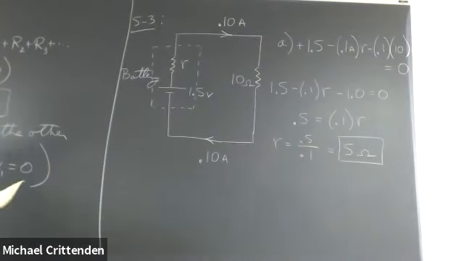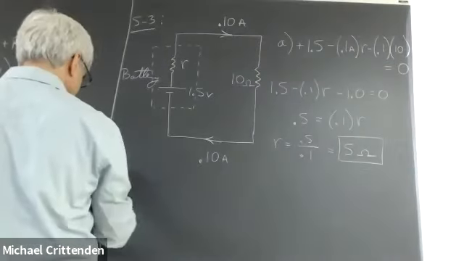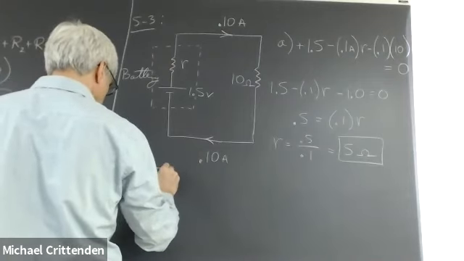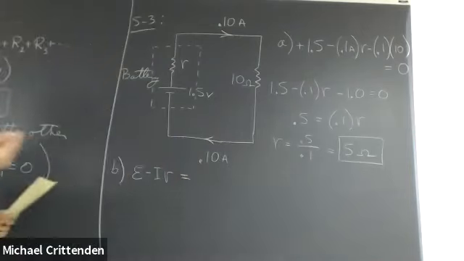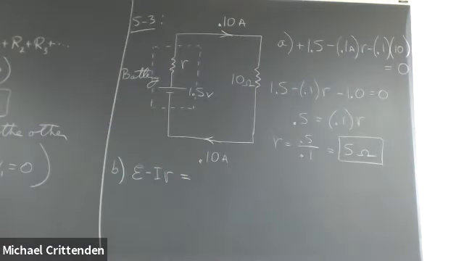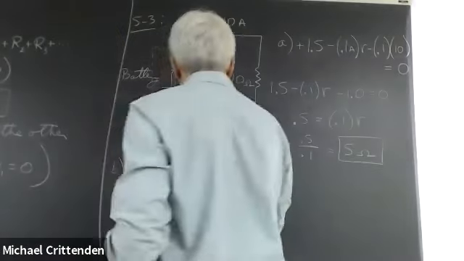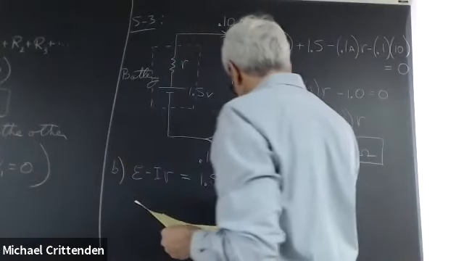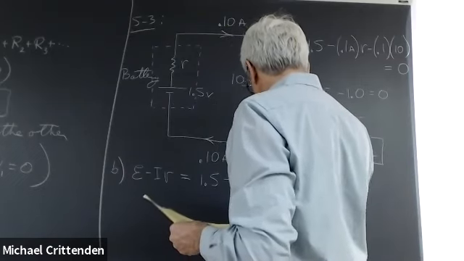So part B, the voltage between the terminals of the battery is E minus IR. The EMF is 1.5 volts. I is 0.1 of an amp.